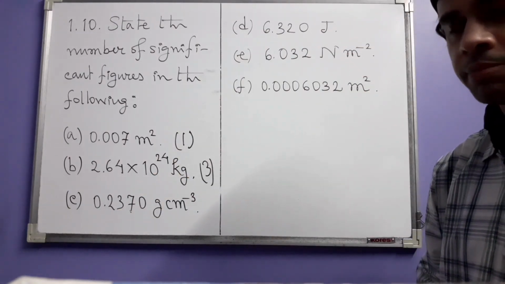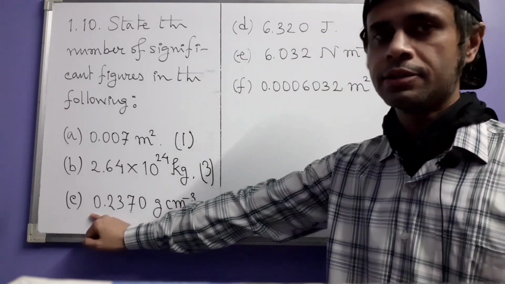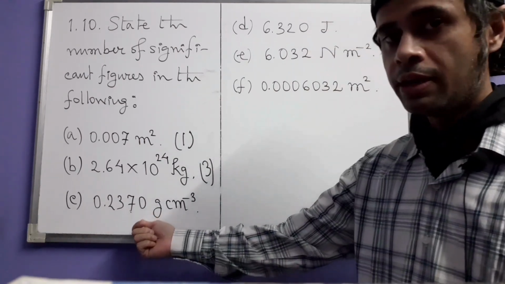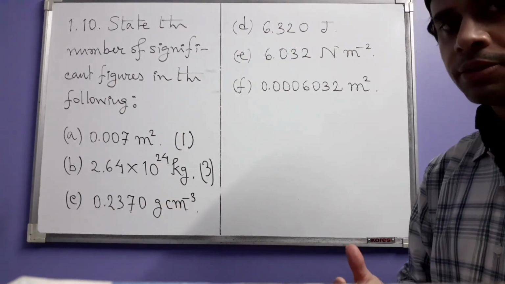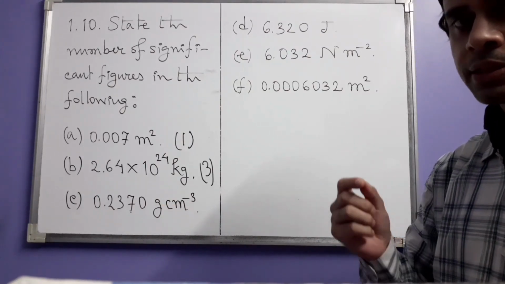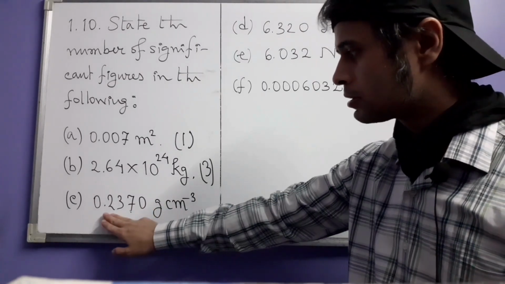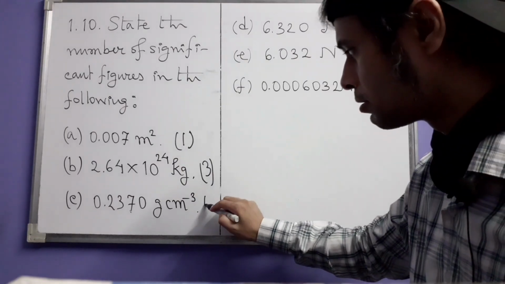But besides them, we also have this 0 and this 0. This is a leading zero, leading zeros are not significant, but this is a trailing zero. Trailing zeros are significant only if the number has a decimal point. Yes, this has a decimal point. So that means 3 plus 1. There are 4 significant figures here.